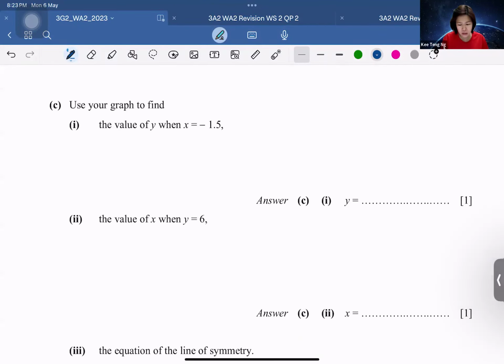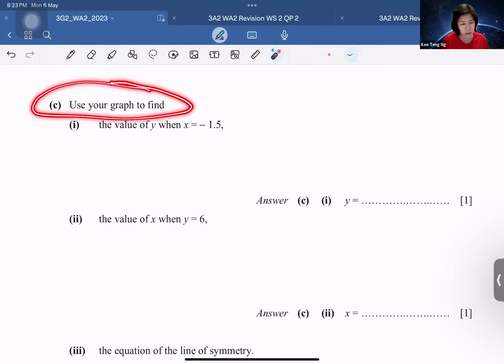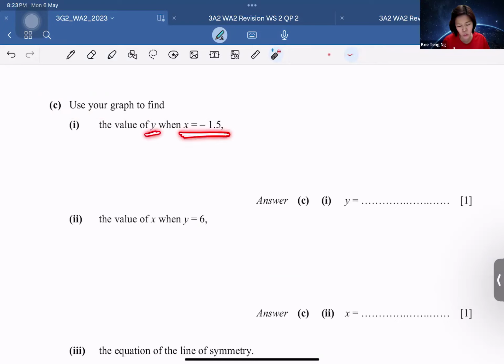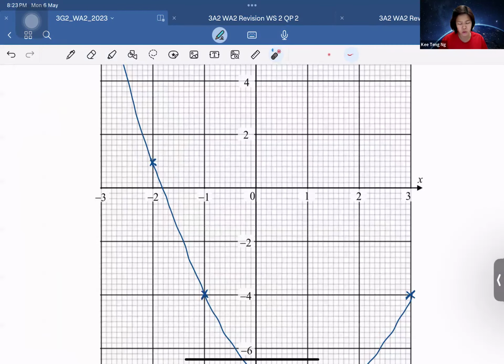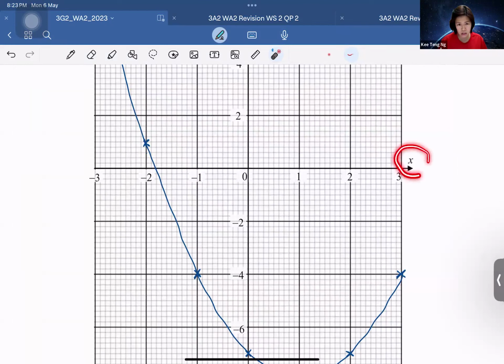Using your graph, find the value of y when x equals negative 1.5. So I want the x value on the x-axis. Negative 1.5 is somewhere here.